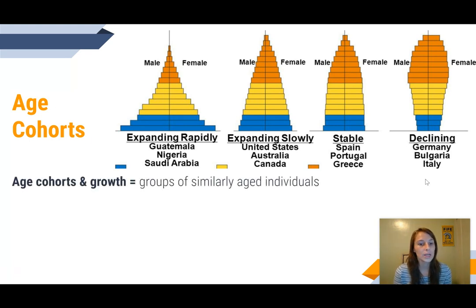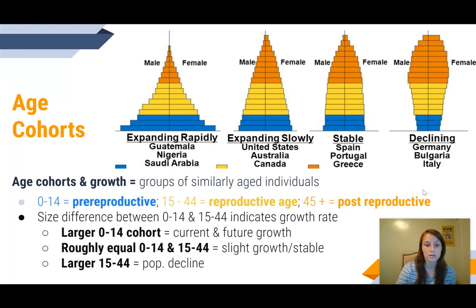When we are looking at age structure diagrams, we are looking at age cohorts. So this is going to be groups of similarly aged individuals. In this diagram, the blue represents pre-reproductive, so people who are age 0 to 14.